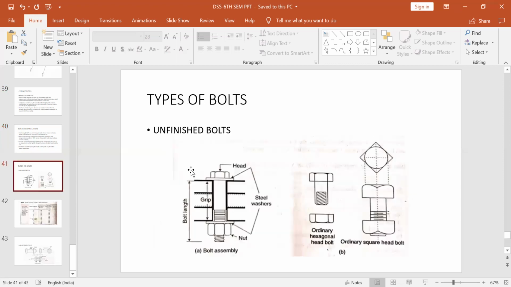If you see this figure, this is a bolt. This is the head of the bolt, and this body is called the shank of the bolt. Towards the shank, threading is done.